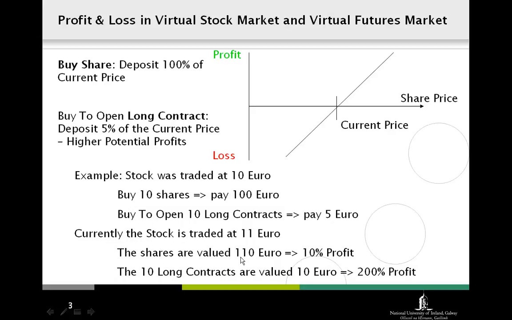The shares are valued at €110, which is a profit of 10%, and the 10 long contracts are valued at €10. This is a profit of 200%. The downside of this is that if the stock goes down to €9.5, there will be 100% loss on the long contracts and only 5% on the bought shares.